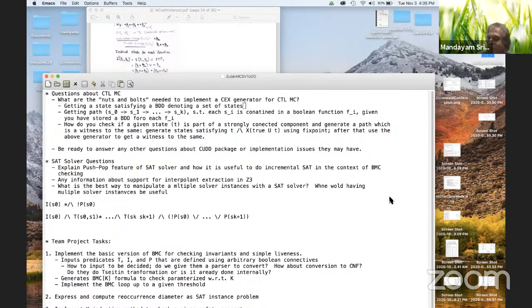Yeah. So I think the question then is, how do you construct a BDD? It is one way, and that is where you have to think a little bit. So at each step, maybe you will have to construct an image.